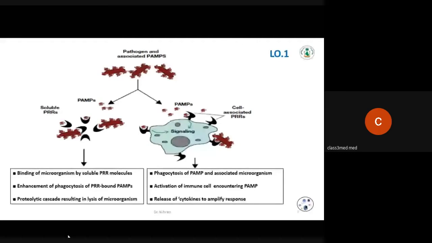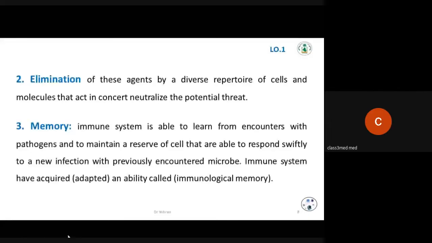Now the next step is elimination. As we said previously, elimination by phagocytosis. Then there is initiation of immunological memory. Immunological memory will be present as a result of that, because the immune system has cells and molecules that have the ability to remember: this is a specific pathogen.